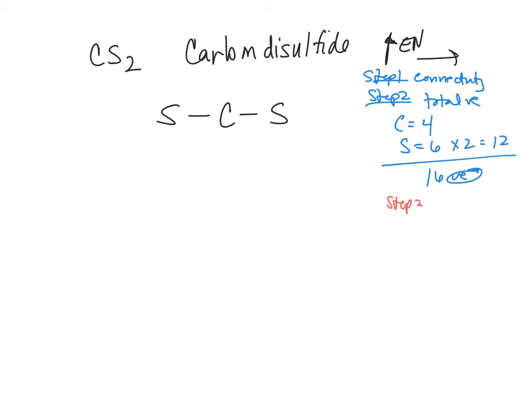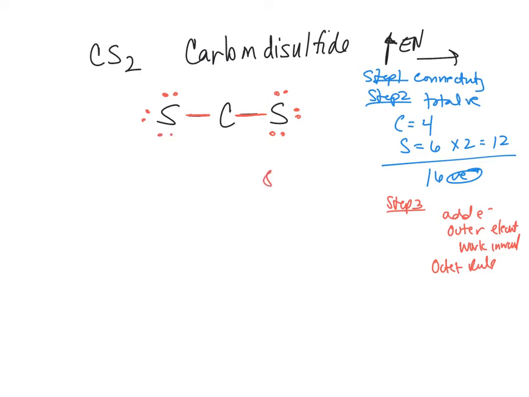Step 3, we add electrons on the outer elements, and then we work inward. And so how many do we add? We follow the octet rule. So you've got to already count these 2, so that's already 2 for sulfur. 1, 2, 3, 4, 5, 6, 7, 8. 1, 2, 3, 4, 5, 6, 7, 8.